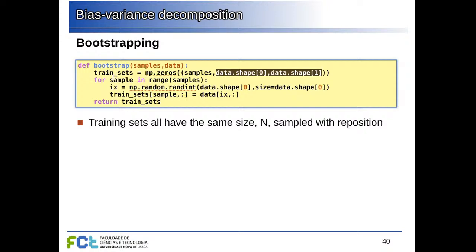And now, for each of these layers, we're going to fill it with a random sample of our points. Our points are in the rows of our data. We create an array of integers with the same size as the number of rows in our data, ranging from 0 to the number of rows. So basically this is an array of integers that gives us at random the row corresponding to each of these points.